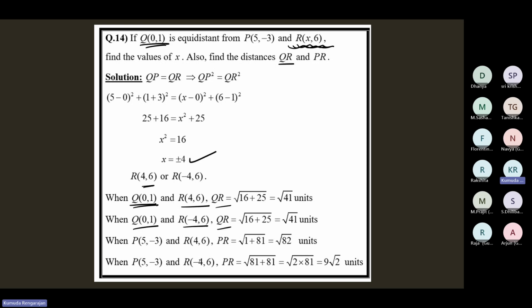Find QR under both the cases. Then PR also in the same way. P has only one address, (5, -3), but R has two different addresses. So find PR under both the cases. Work this, children.